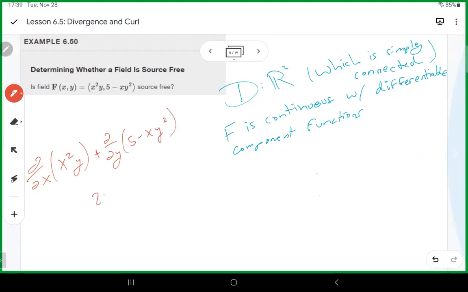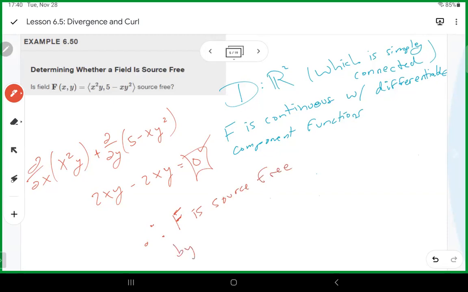And that will give us 2xy minus 2xy, which is 0. Okay. So therefore, F is source free.